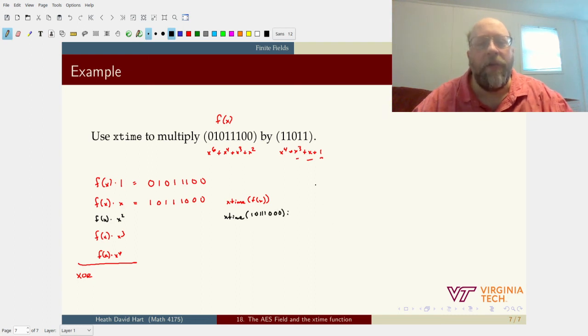So how do we do that? We shift it 1 to the left. And then we XOR with our usual polynomial. And the ones cancel. We're left with 0, 1, 1, 0, 1, 0, 1, 1.